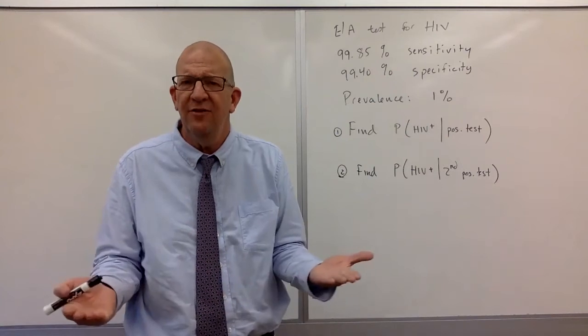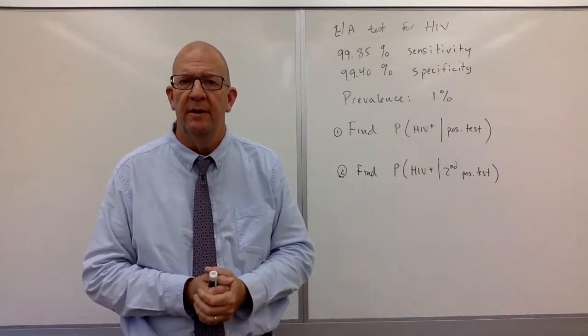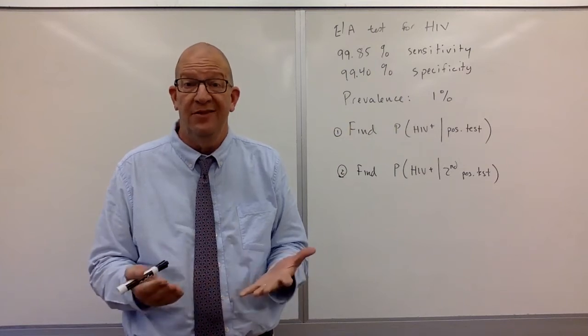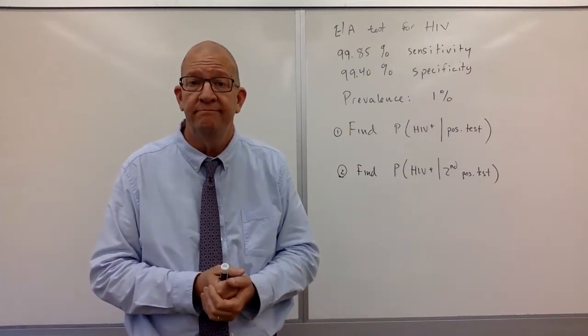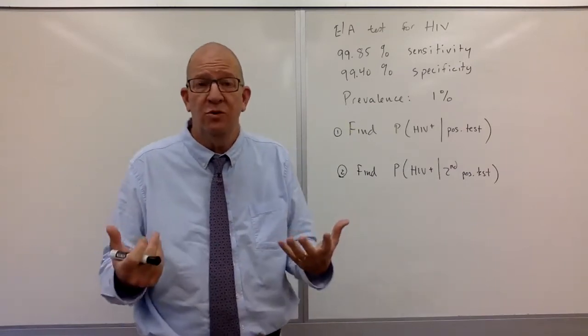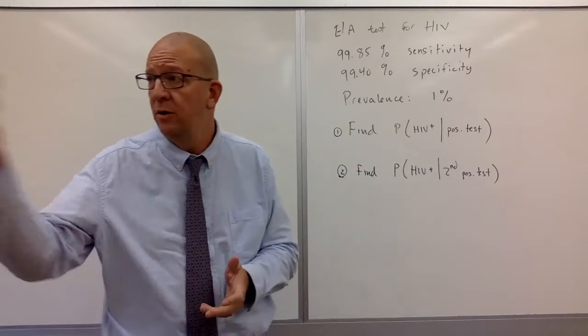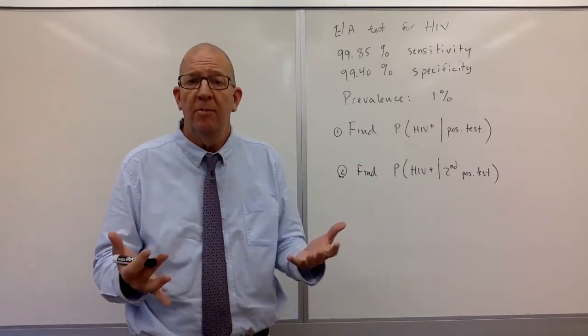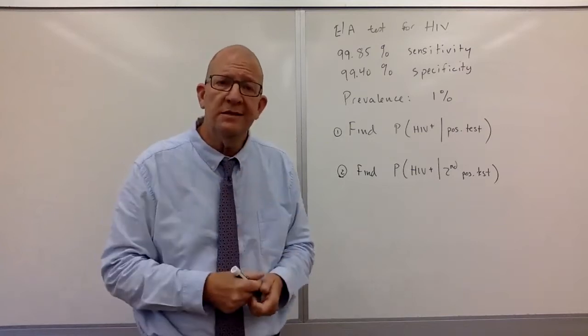What do you think the answers would be to those questions? Do you think you can figure it out? I'm going to show you a method tonight using natural frequencies, thank you, Gerd Gigerenzer, that might help. Let's take a look.